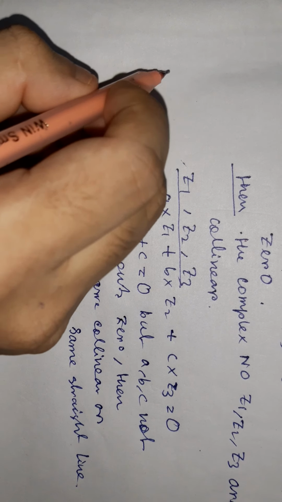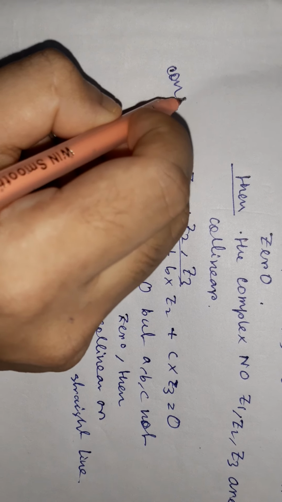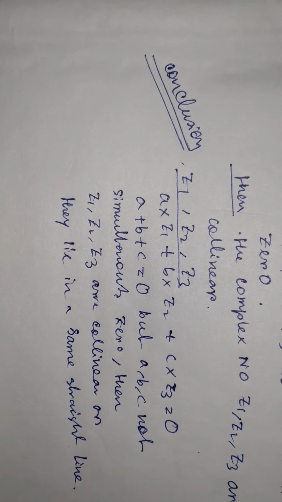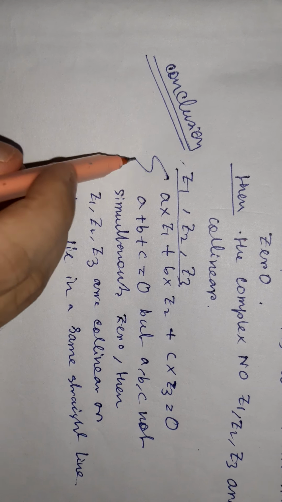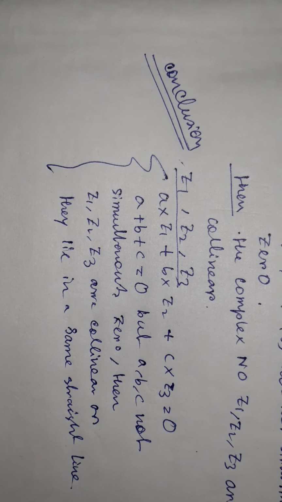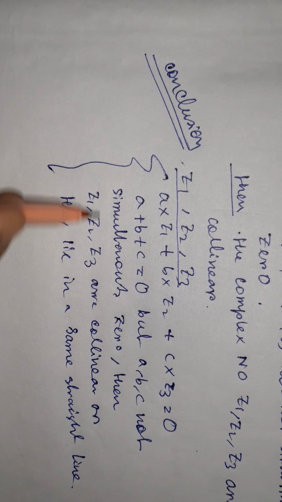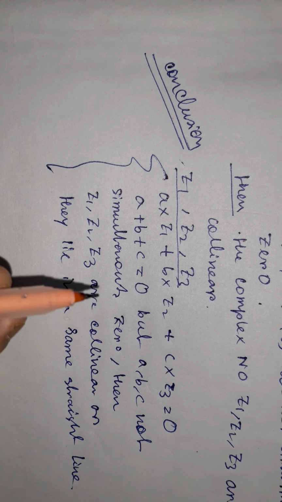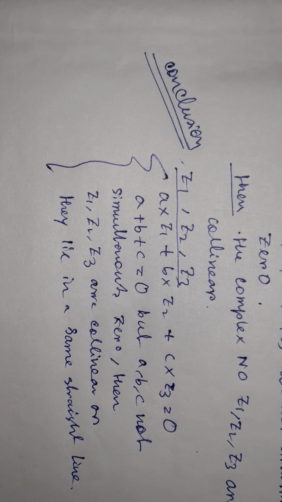Okay, and this is the conclusion. This is a very important conclusion, or you can say a property of complex numbers, and not only complex numbers: you can find this collinearity of three points on a real line also.